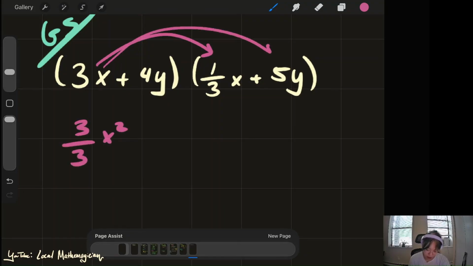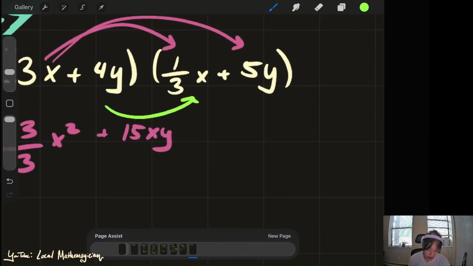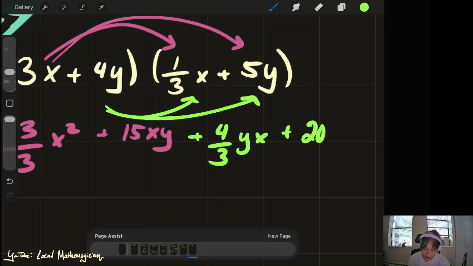I'm going to distribute this going this way, which is going to give me 15xy, right? And then I'm going to do the bottom, go like this, and that's going to give me 4/3 xy, and you might be tempted to write this as yx. That's okay, that's fine. And you're going to do the last bit, which is going to give you 20y squared.